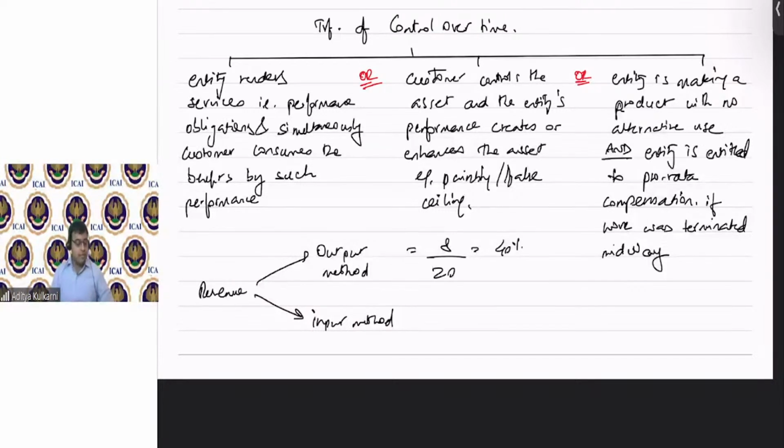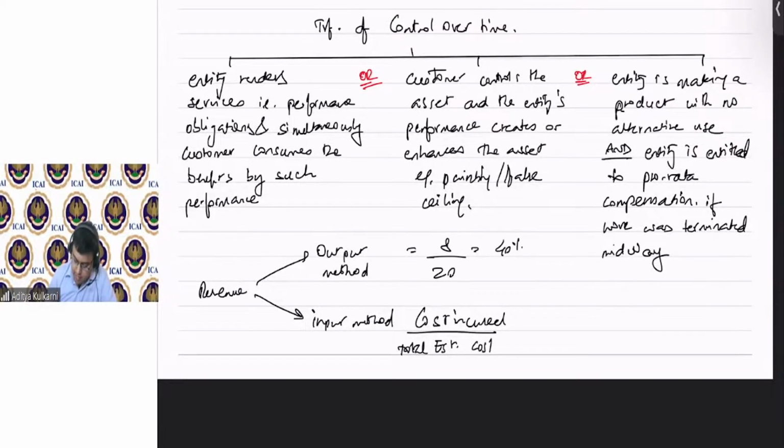Then we come to input method. Input method is very simple. Cost incurred divided by total estimated cost.